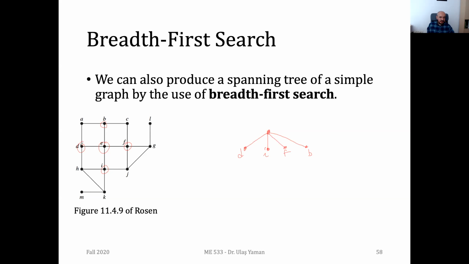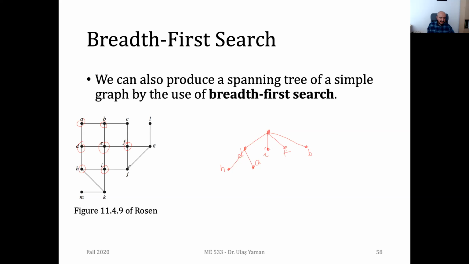D has 2 unvisited connections, so I can connect A and F here. Let's make A here and put H here. So these are visited. And then I need to check the connections of other siblings of D. For I, what do we have?